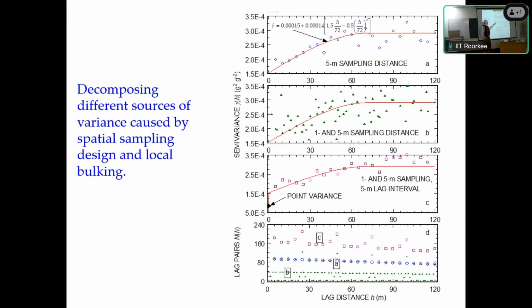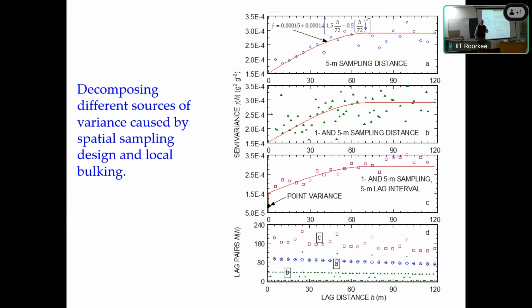I don't know of an R package that would allow you to do that. In R, we can set a fixed regular sampling distance. It's either 5 meters or it is 1 meter.